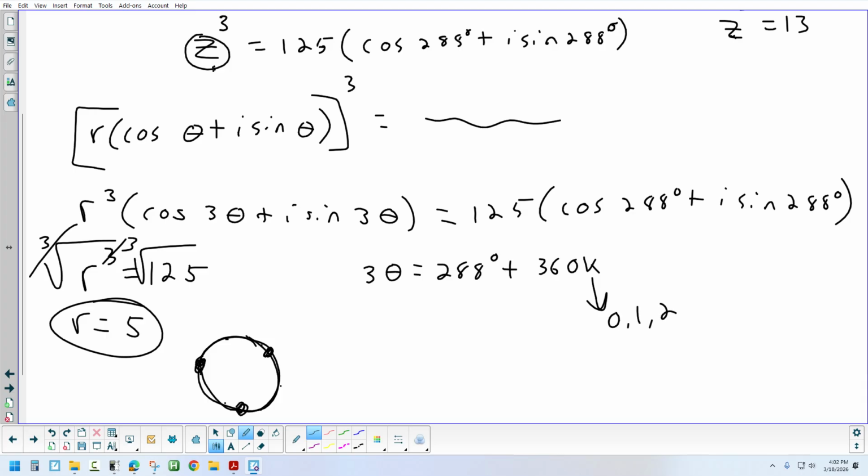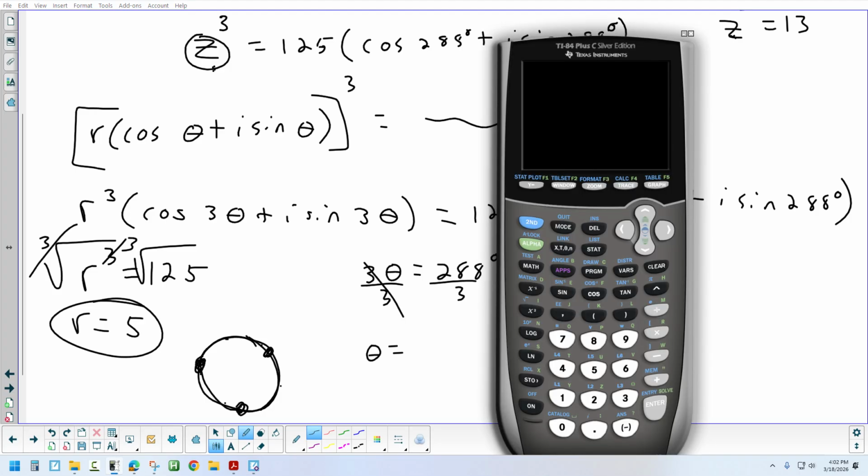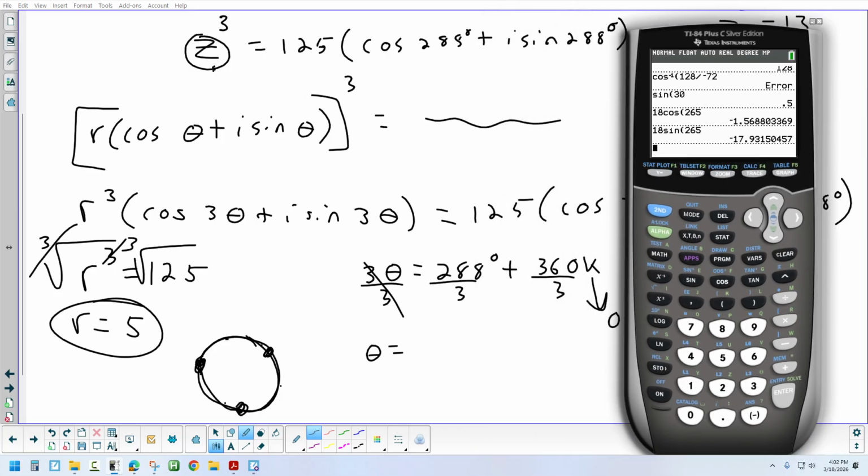Before we plug anything in though, we should solve for theta. So it's not 3 theta. How would we get theta by itself there? Divide by 3. Now 288 divided by 3, not going to be a nice number.